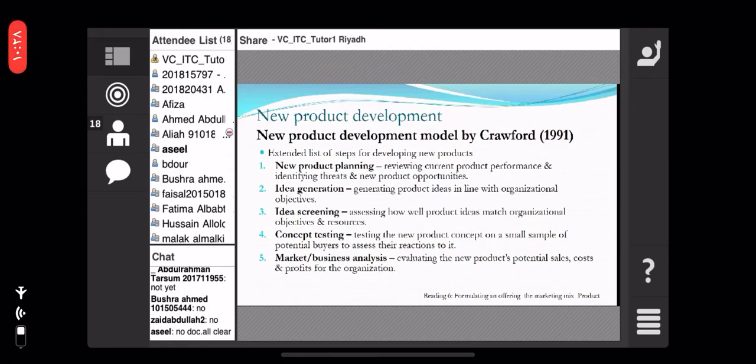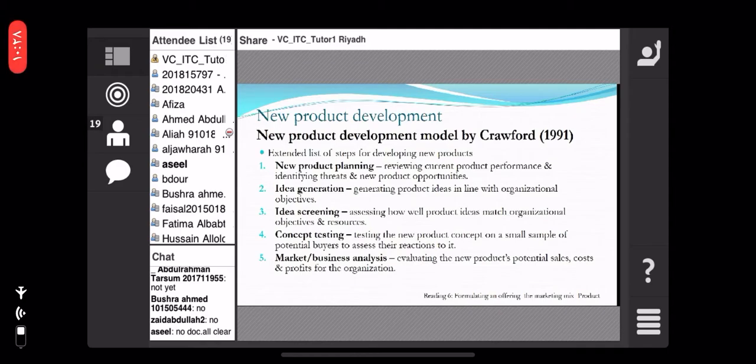Let's say I develop this product or service. Let me ask the opinion of the clients or the customers. So basically, as an organization, you are testing the concept.